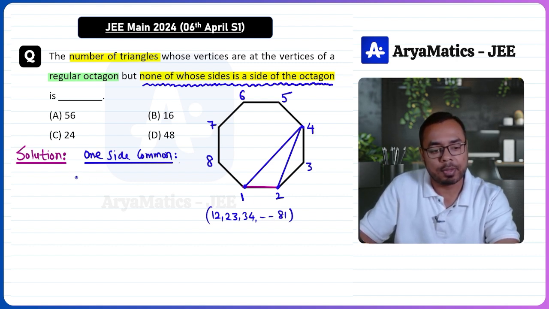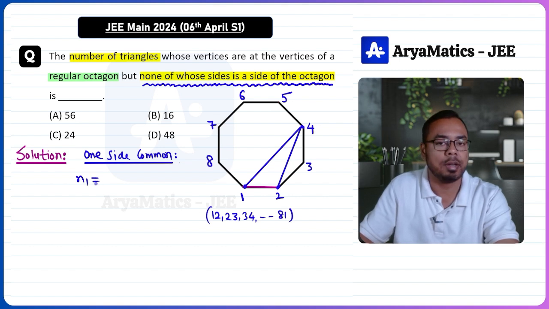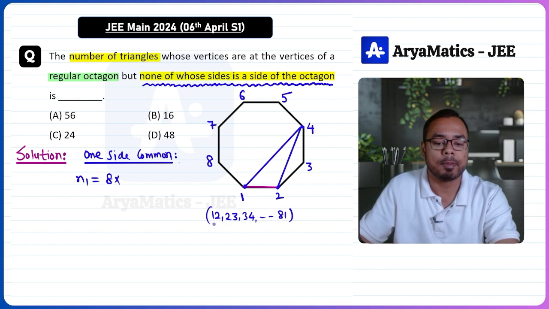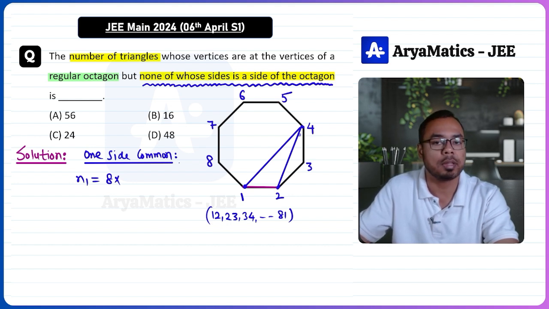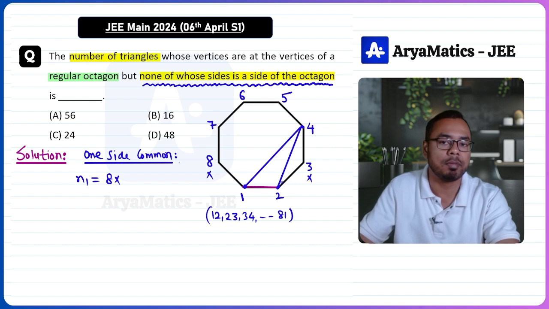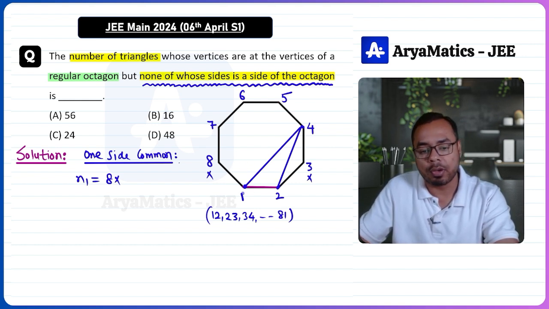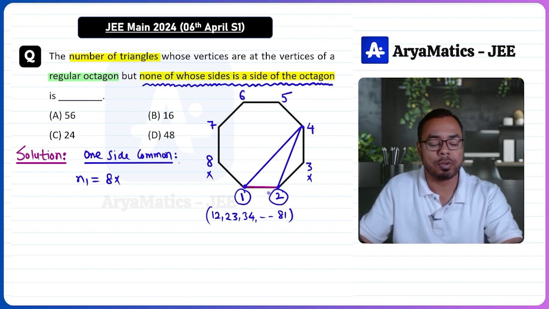So if n1 is the number of triangles having one side common, then n1 will be: select any two consecutive vertices, for example, 1, 2, or 2, 3, or 3, 4, and so on. Once you have selected 1, 2, then 3 and 8 you cannot select because then you will get three consecutive vertices and then you have two sides common, right? So 1, 2 already selected, and then 3 and 8, these two you cannot select.